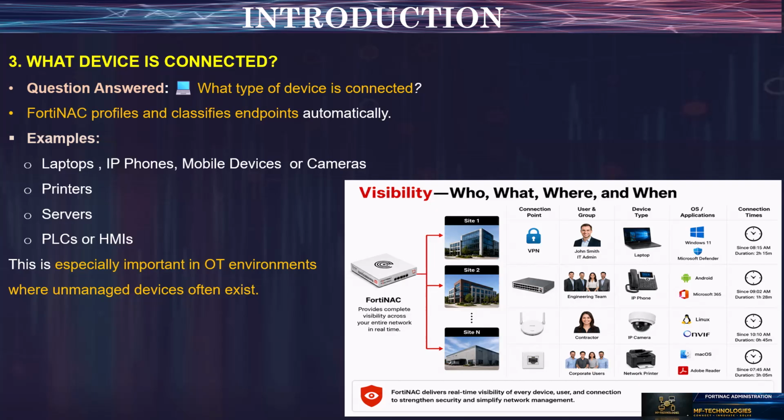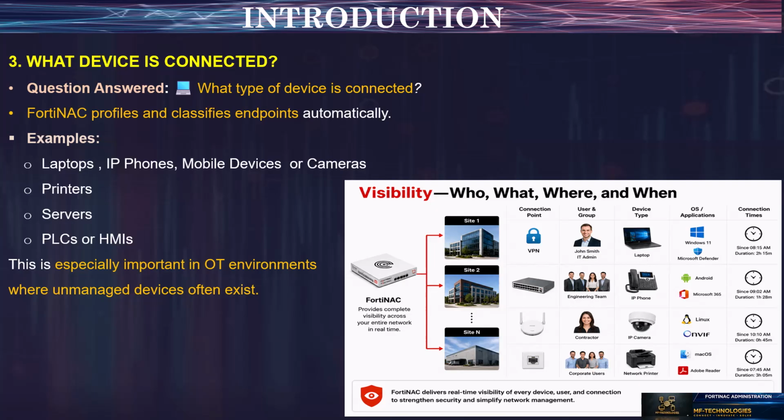For example, it can identify Windows laptops, Linux servers, IP phones, printers, surveillance solutions like IP cameras, PLC controllers, HMIs, and many other device categories. This automatic profiling is especially valuable in operational technology environments where many devices do not support traditional security agents. Once Fortinet knows the device type, it can automatically apply the appropriate security policy.